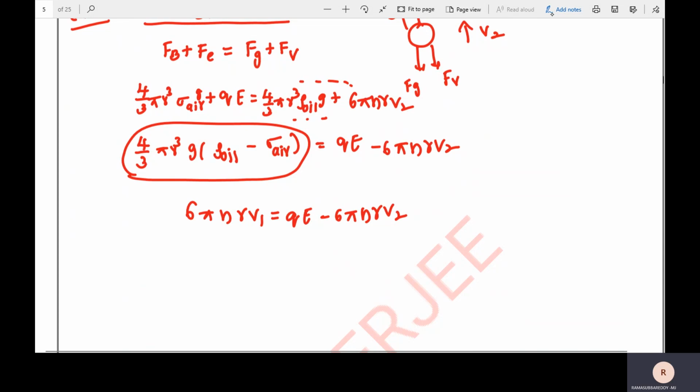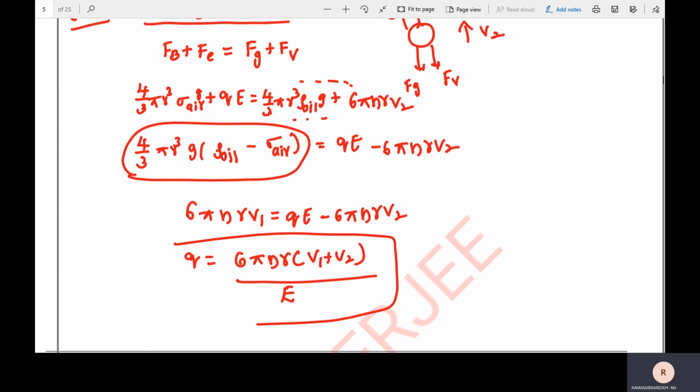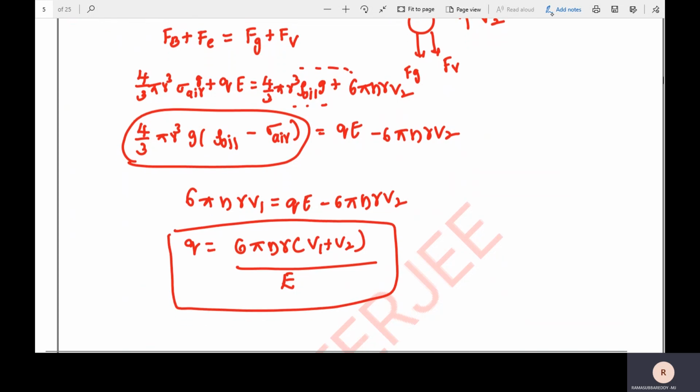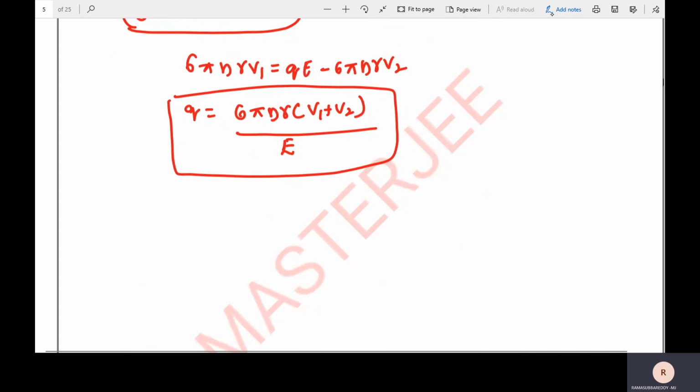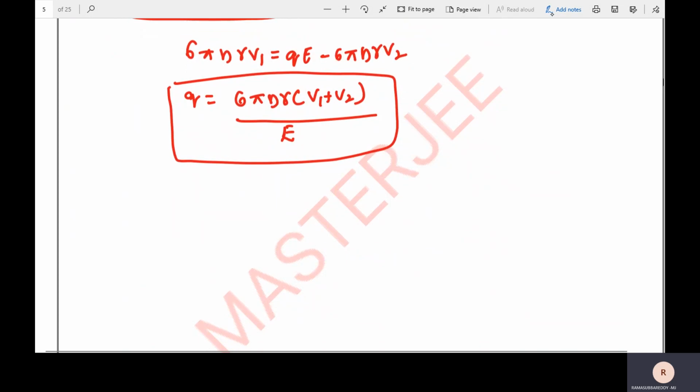Then the charge of the oil drop Q is equal to 6 pi eta r, this will come to this side now, that is v1 plus v2, and E will be written downside. That is our charge of the oil drop. Now we substitute the radius, where eta is the coefficient of viscosity.